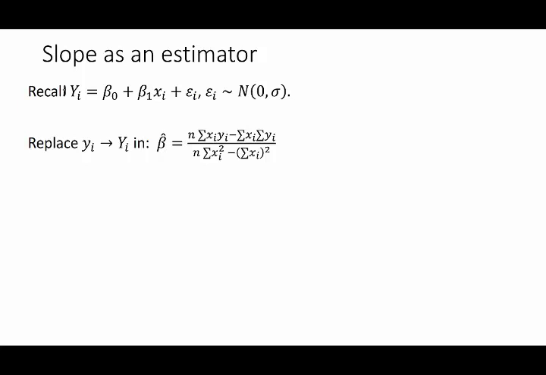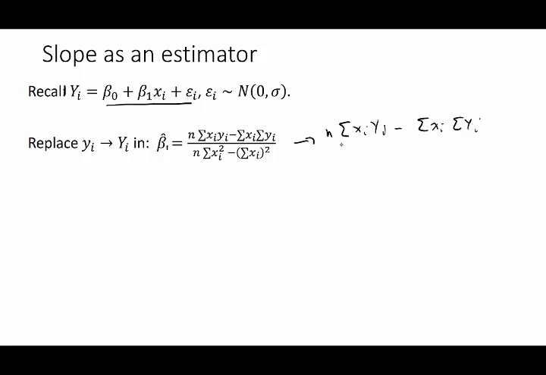Also recall that we had a formula beta 1 hat for the slope in this simple linear model that we derived in the last video. The first thing we're going to do is think of this slope as an estimator. So we're going to replace the little yi's with big Yi's. And if we do that, we get an expression as follows.